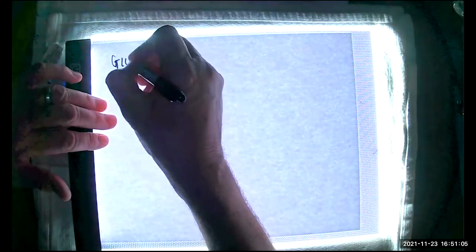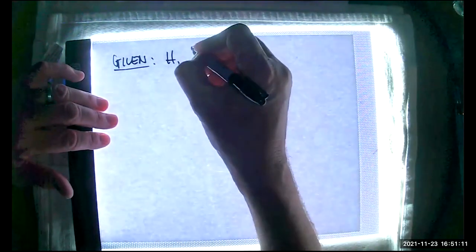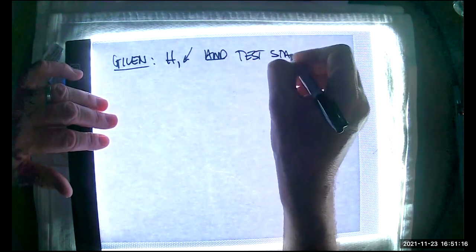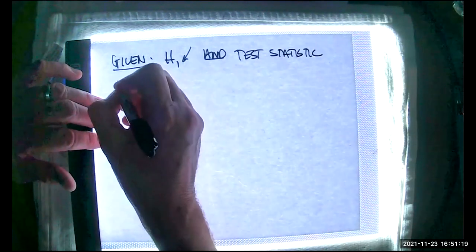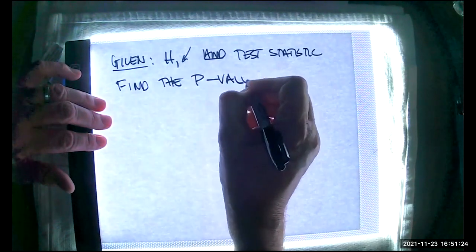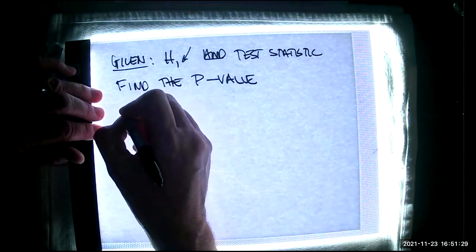The other thing I can ask you to do is to find the p-value. Given you need at least the alternative hypothesis and the test statistic. All right, so we have a claim about a proportion.